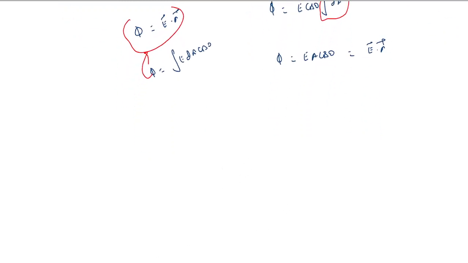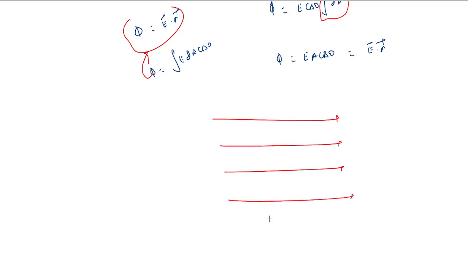Think of a case where you have uniform fields. Suppose I place a plane like this. Then if you look at any small region here, for example, a small region somewhere here, a region here, or something here, for this region, this is what dA would be.